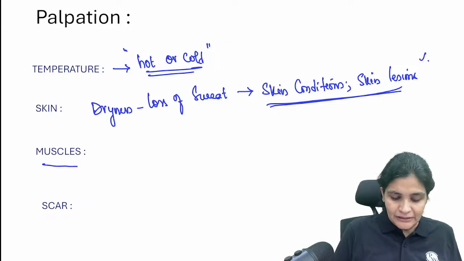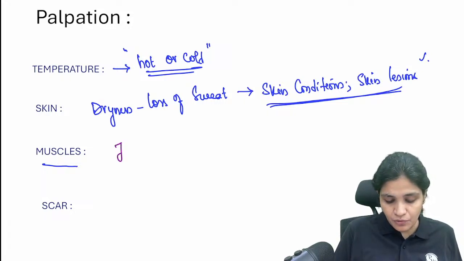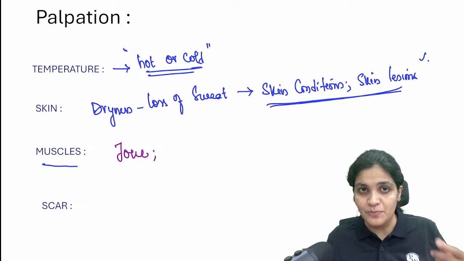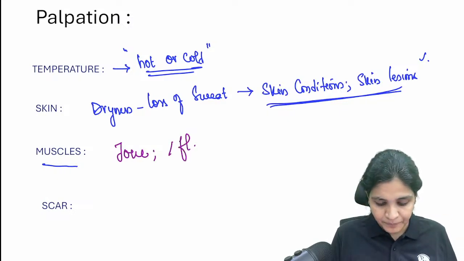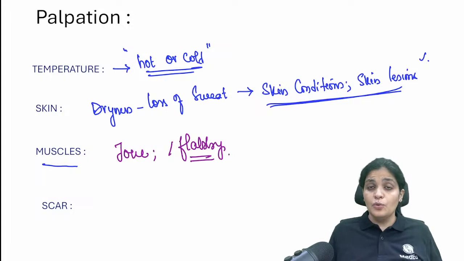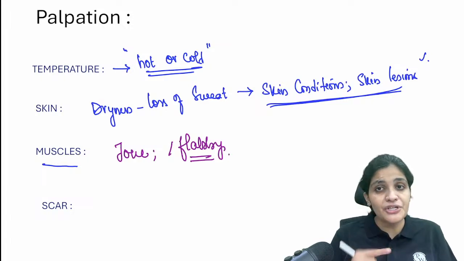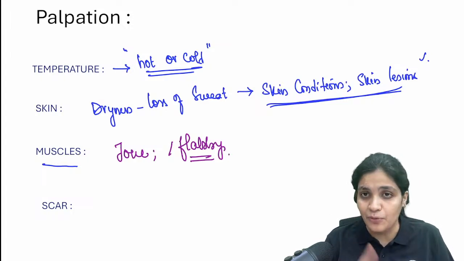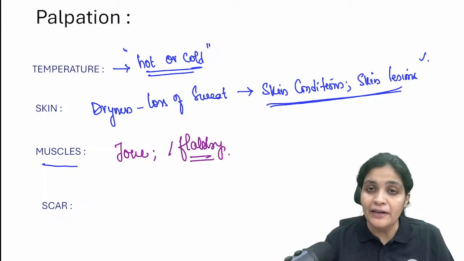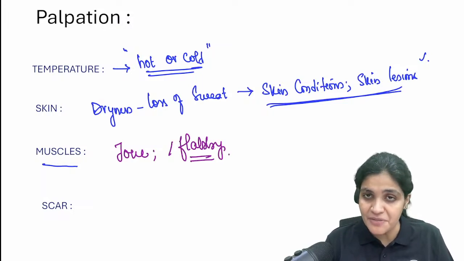And then muscles. Here for muscles, you have to look for the tone of the muscles. You will palpate and look for the tone, whether the muscles are flabby. You will usually look for the tone, because nutrition we will see whether it is atrophied or not. So that is weakness. There we will document how the muscle is, whether wasting of the muscle is present or not.